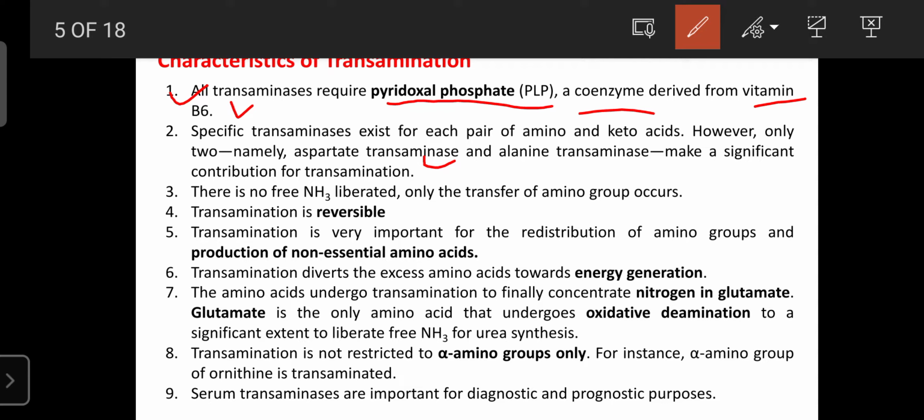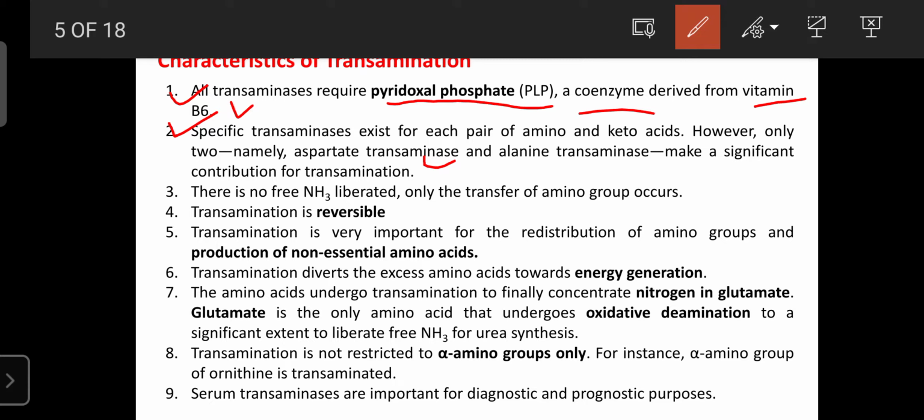These two enzymes, aspartate transaminase (AST) and alanine transaminase (ALT), are significant, and estimation of these enzymes in our blood is helpful for the diagnosis of the conditions of the organs.